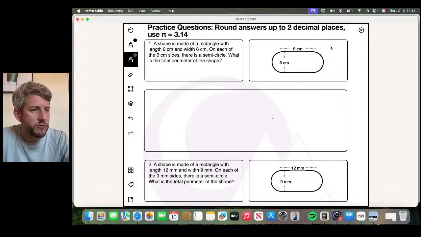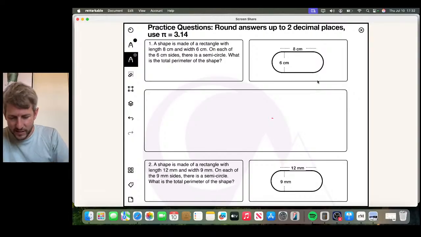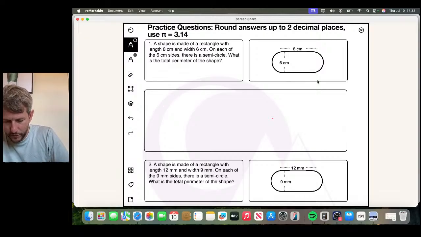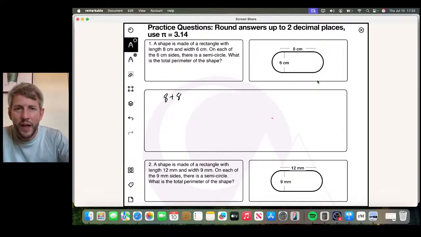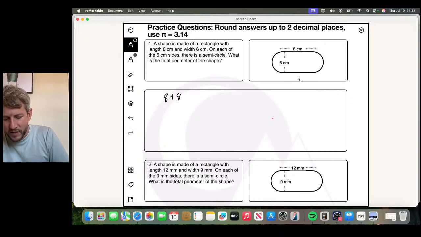So the total perimeter of the shape is the distance all the way round the shape. So it's going to be 8 add 8 for the 2 straight bits. And then for the curvy bits, we've got 2 semicircles there. So 2 semicircles makes up a circle. The diameter is 6 centimeters.